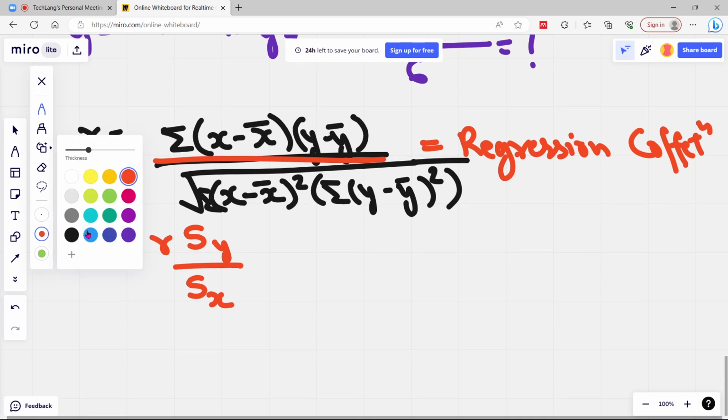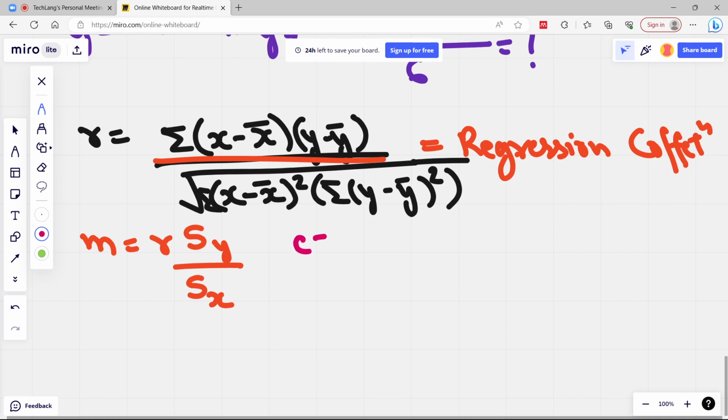Now, how to calculate the value of b? We have the intercept, like c is equal to y minus mx. Y is equal to mx plus c, or c is equal to y minus mx. We can also write y bar minus m times x bar, which are the average value of y and the average value of x respectively.